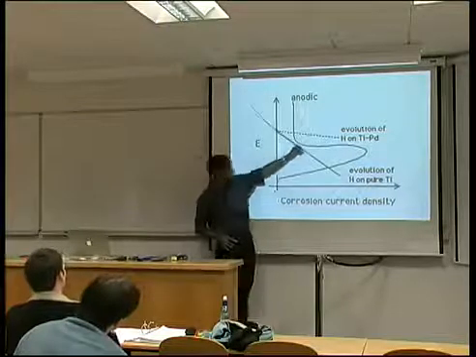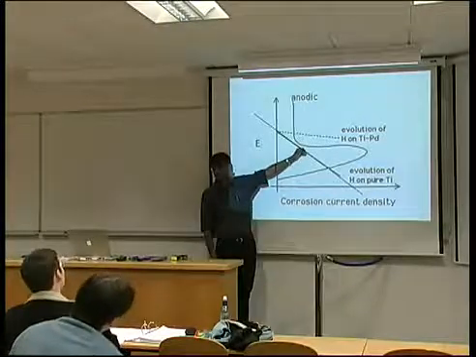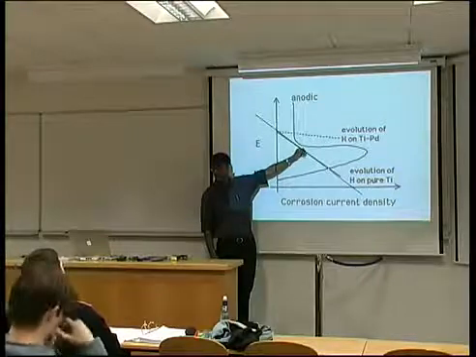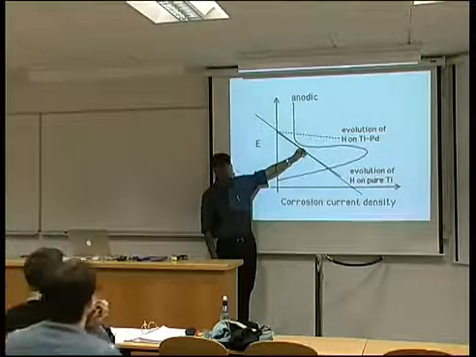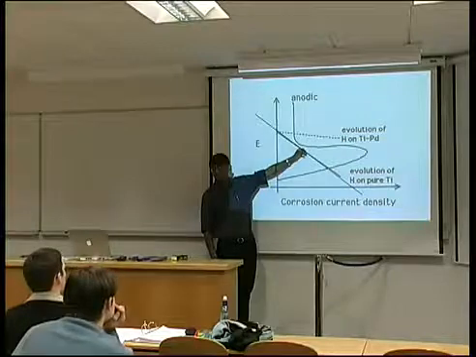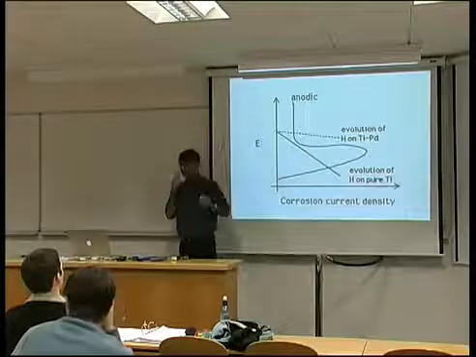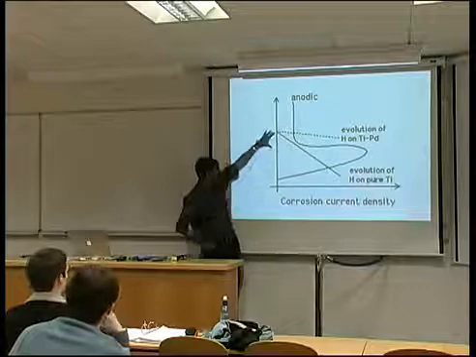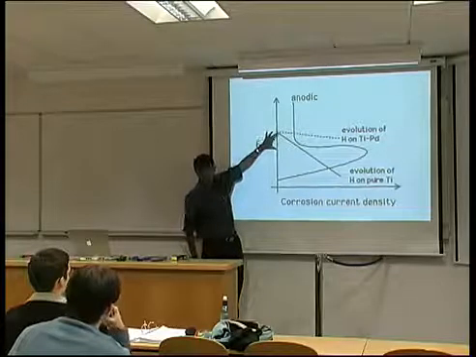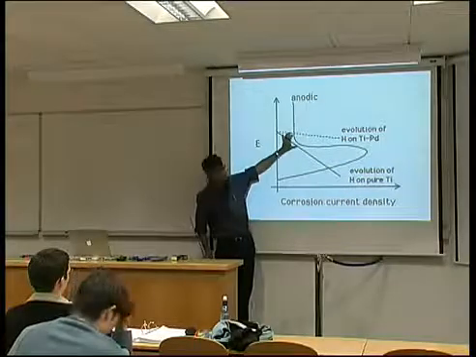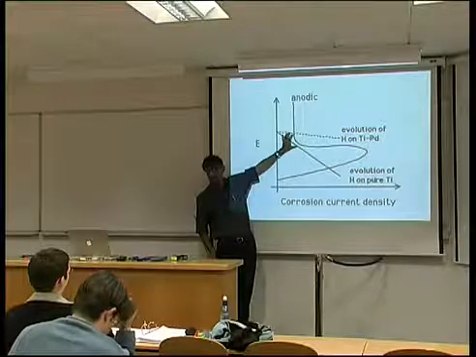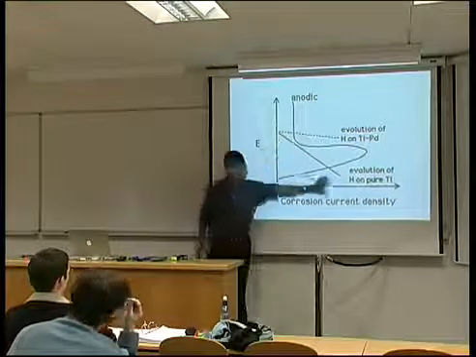And just focus on this line for the moment. What determines the steepness of that line? So as I increase my driving force, that means the difference between this and this, I get an increase in the hydrogen evolution rate. But what determines the slope of this line?